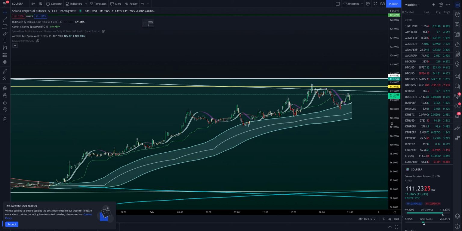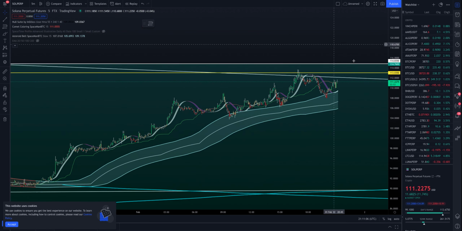So I recently got a request to make a video going over how to use the Asteroids belt indicator for those who purchased it from Spaceman Bitcoin. You'll see it in all my charts. I always use it.